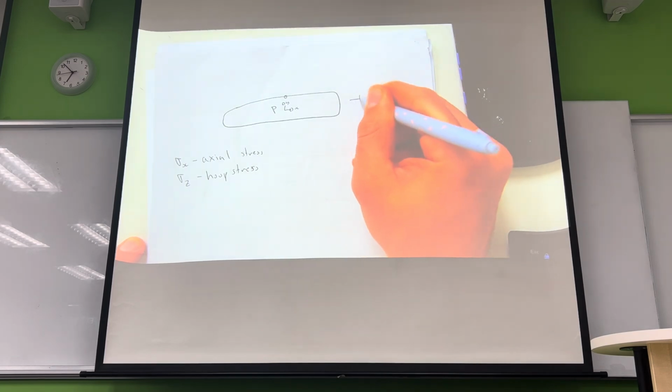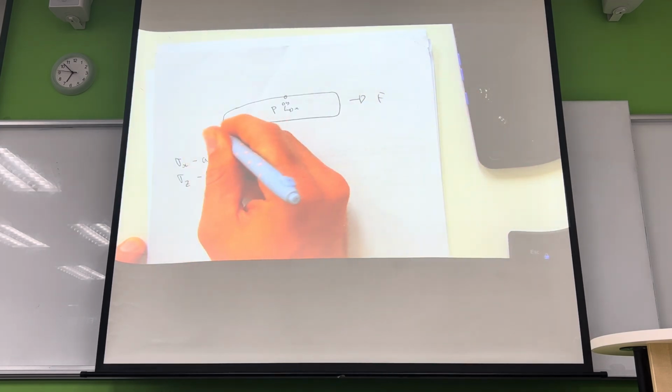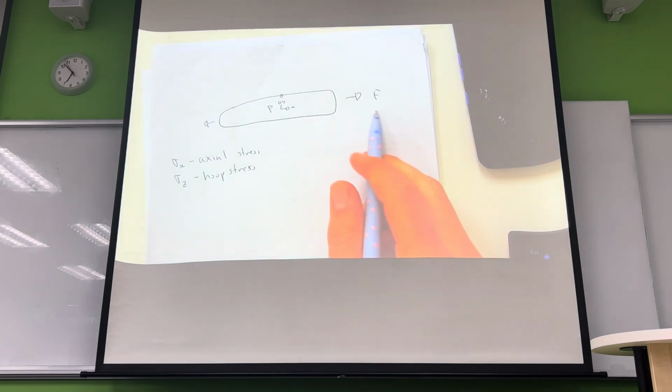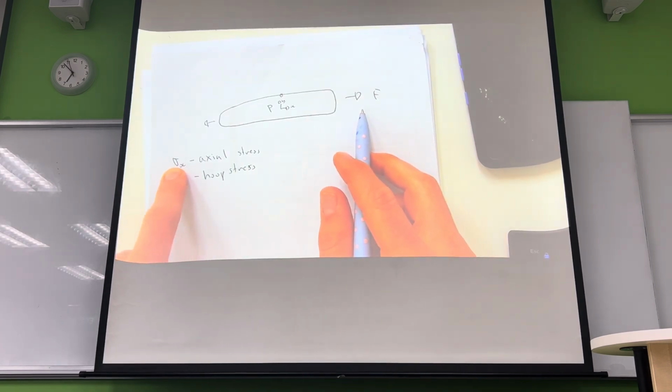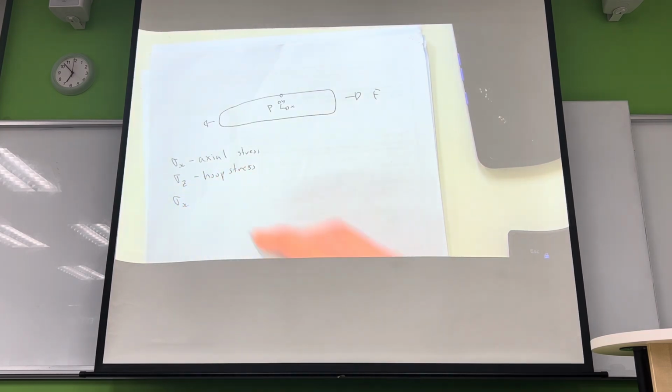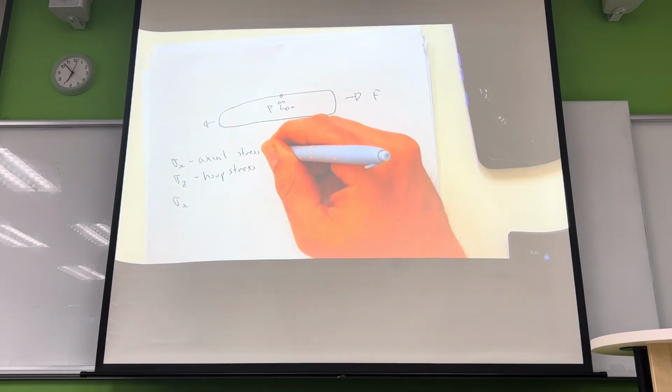You could also apply a force. There might be someone who, while simultaneously pressurizing the system, for some reason applies some force in the X direction. So that force in the X direction is also going to add another stress in the X. So I'm going to write this down.